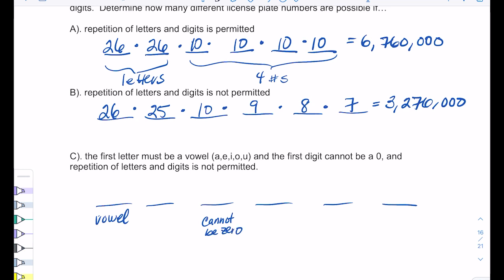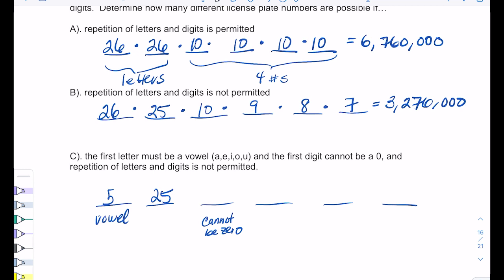And I'm also not allowed to repeat. So I've got 5 vowels, A, E, I, O, U, to choose from for the first space. The second space has to be a letter, but one of those letters was used. It was just a vowel though. So now I have 25 letters to choose from. Remember, I'm not allowed to repeat.